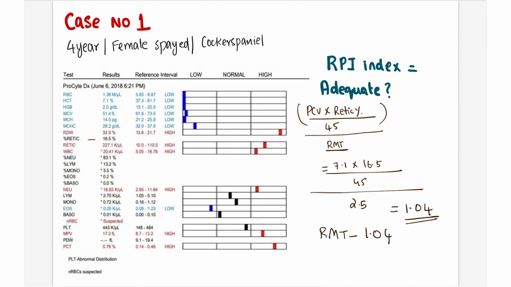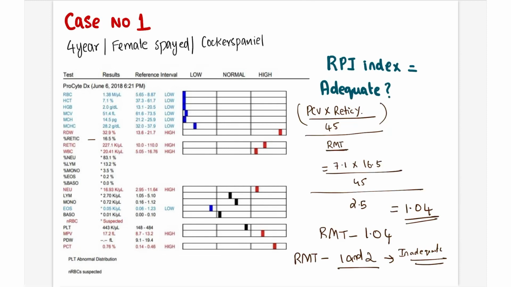We know that if the RPI is between 1 and 2, then the regeneration is inadequate. Here the body is trying to compensate, but it is not doing enough.